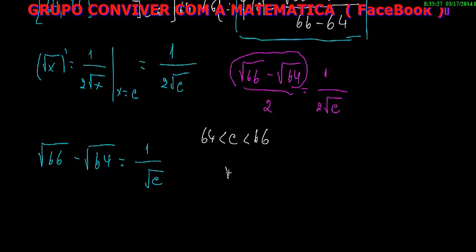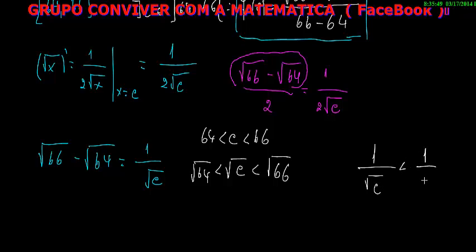Then the square root of c is lesser than square root of 66 and greater than the square root of 64. Then if I take the inverse, it is simple to understand that 1 over square root of c is lesser than 1 over square root of 64, and it is greater than 1 over square root of 66.